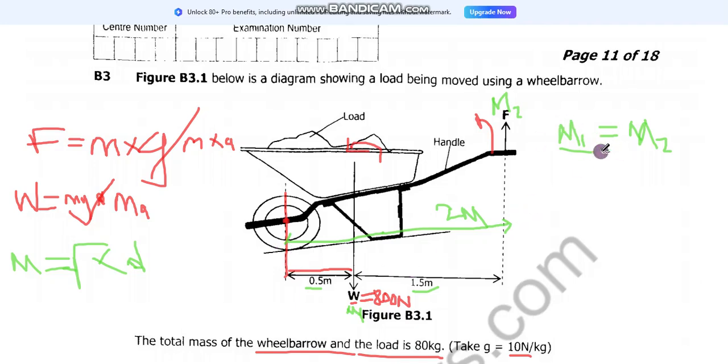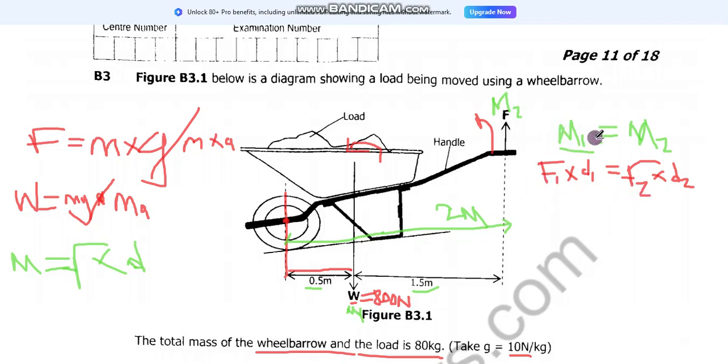So that simply means that for us to find moment 1, we are going to say force 1 times distance 1, and this must give us moment 2, which will be force 2 times distance 2. So this is the formula that we're using. What is force 1?